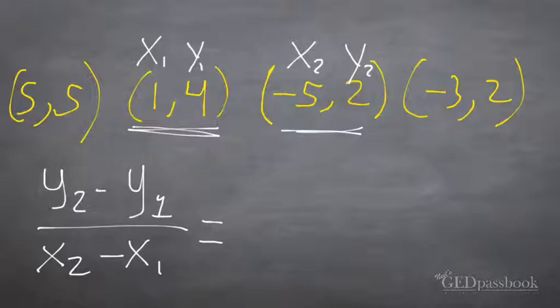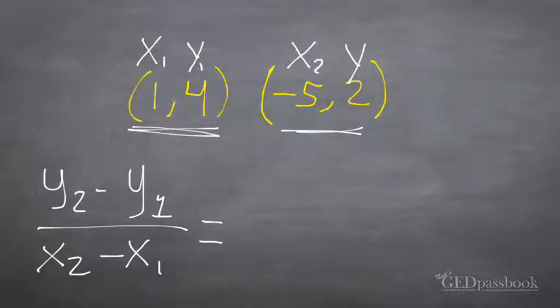Whether it's this one and that one, or this one and that one, or these two, you just need 2 points. It doesn't matter how many points they give you. In this specific case, we just have those 2.